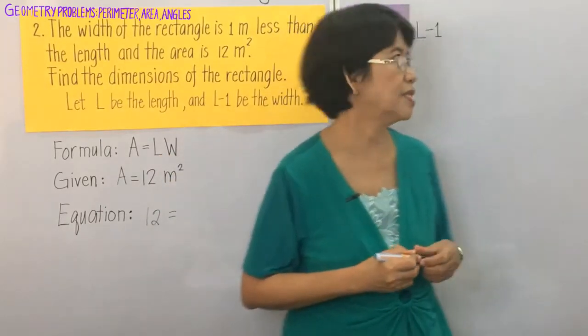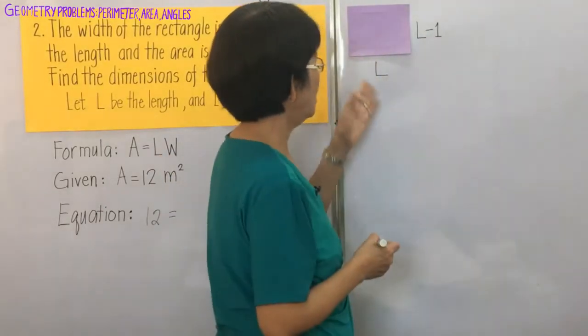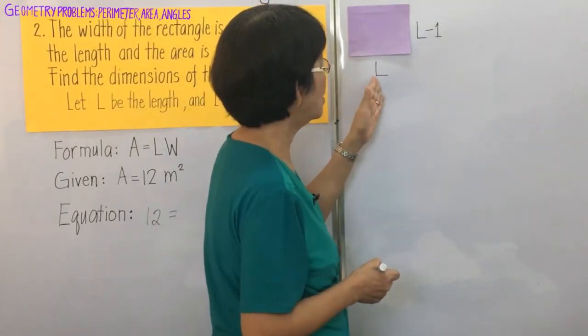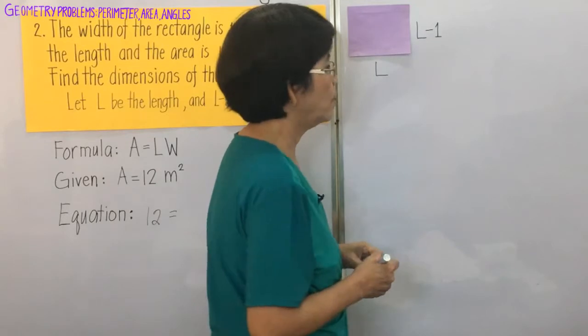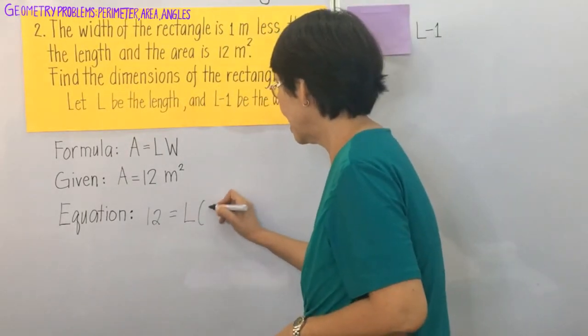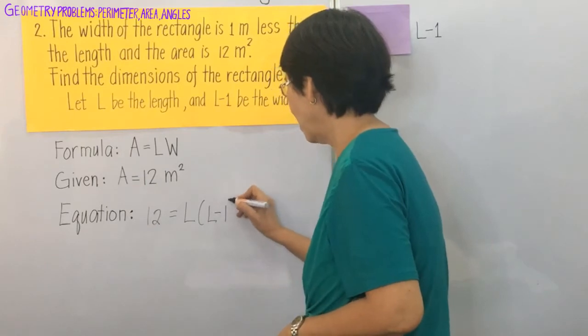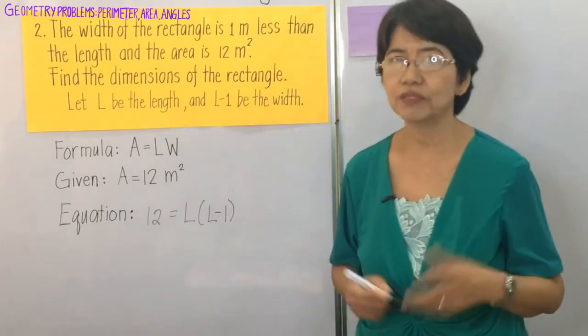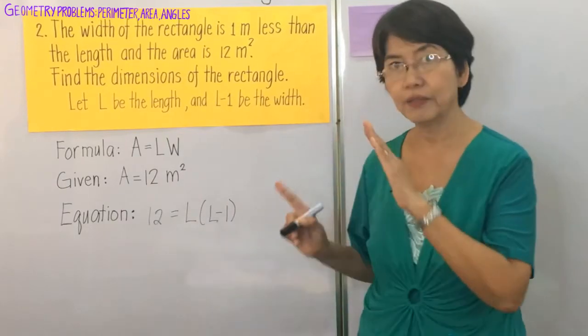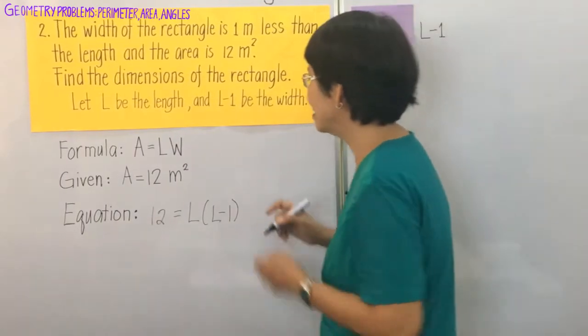But we will be using the values here in our illustration. So this is our length and this is our width. So length is L and width is L minus 1. And we just multiply the L to the quantity inside the parentheses.